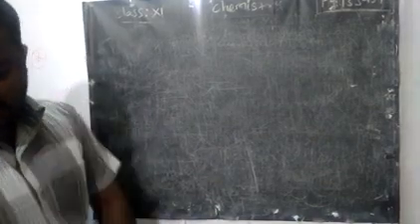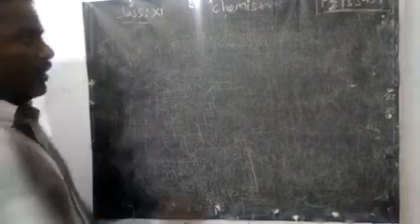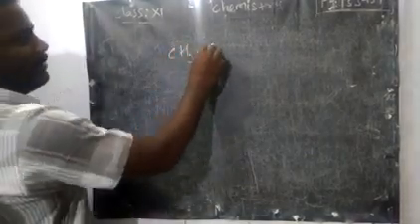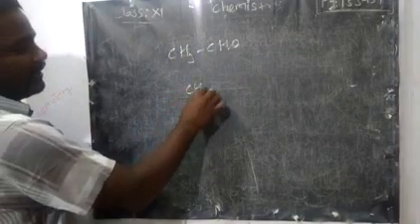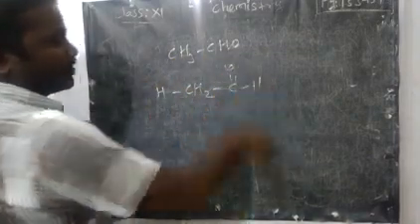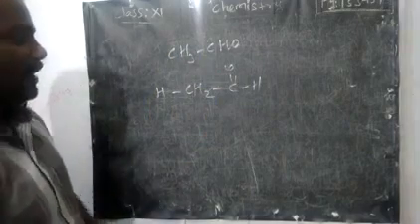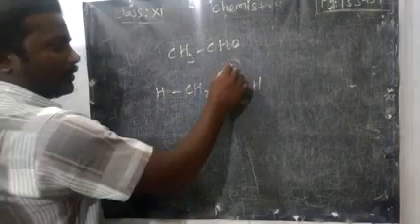So we will see an example now. We are going to take acetaldehyde. Simply they have given acetaldehyde. This you can split as CH3, then C double bond O H, right? Now what will happen? There is the keto form, C double bond O group, right?